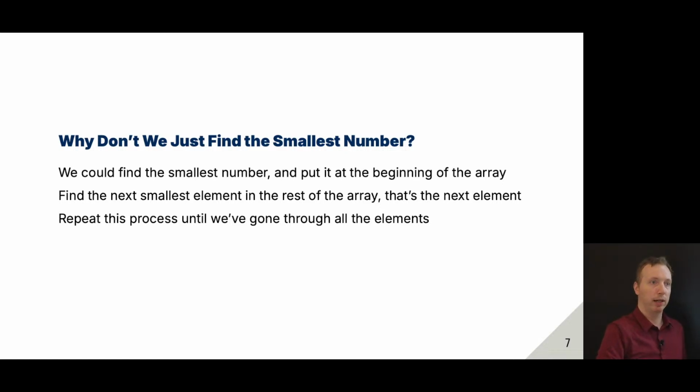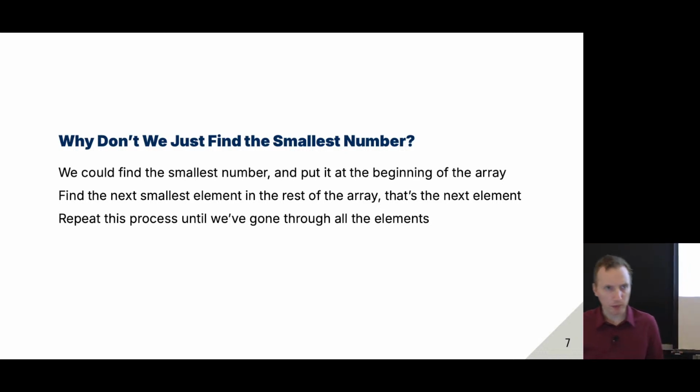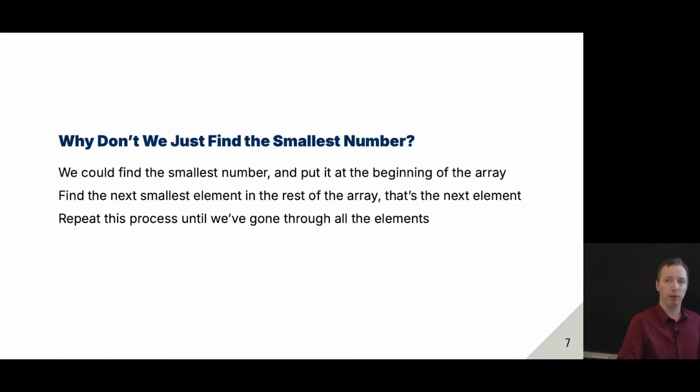Then if I look to find the smallest number in the rest of the array, that's the third, and so on and so forth. I just repeat this process until I've gone through all the elements. Every time through, I'm finding the smallest element and putting it in its right place.